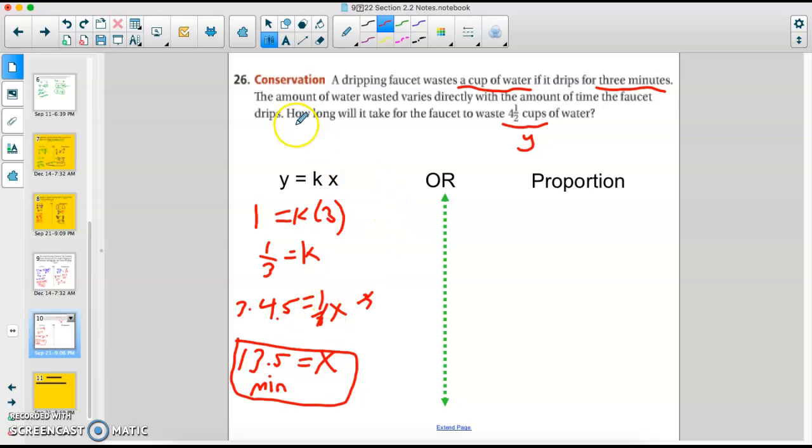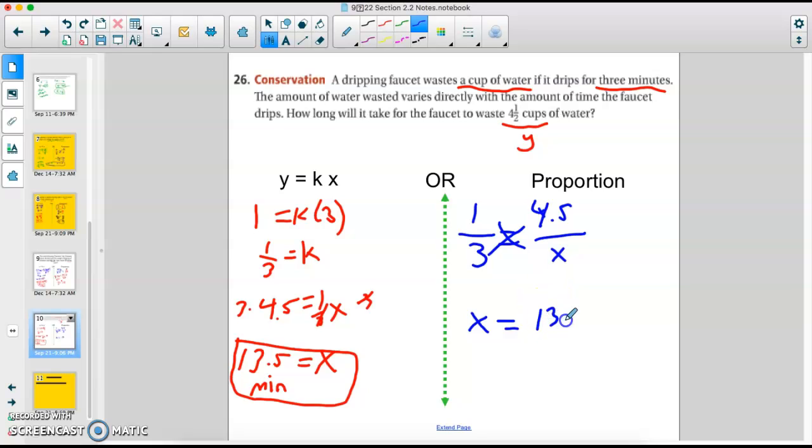Okay, now if we do it in proportions, our first one, we have 1 cup of water every 3 minutes. So how many, 4.5 cups of water in how many minutes? When we cross multiply, we get 1x over here, and 3 times 4.5 is 13.5.